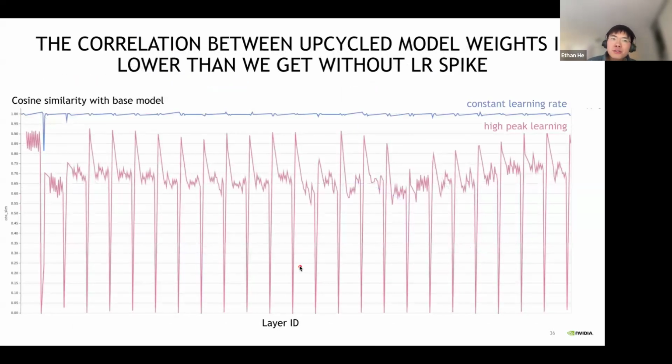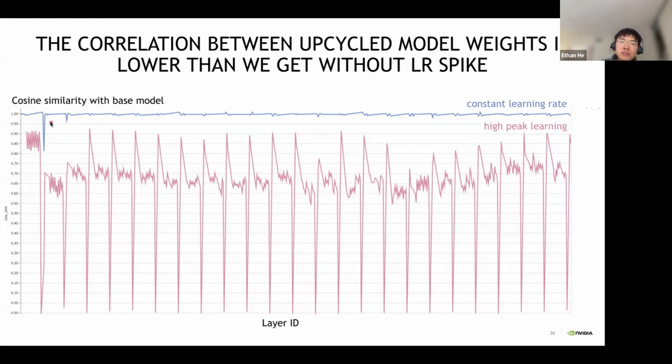And if we dive into the weights of this upcycled model, you'll find something really interesting. If you apply constant small learning rate, like in fine-tuning or alignment, the cosine similarity between the base model and the upcycled model would be almost 1.